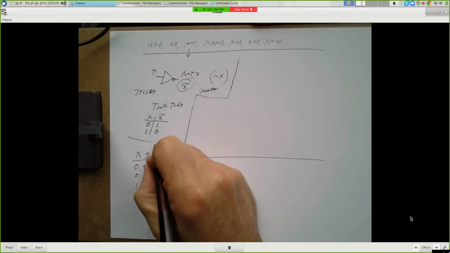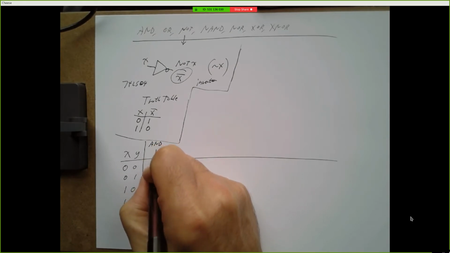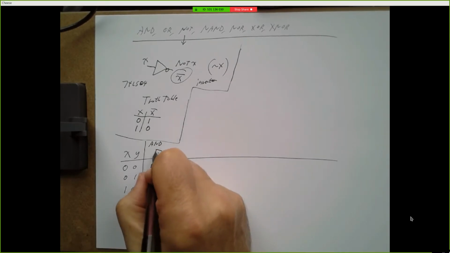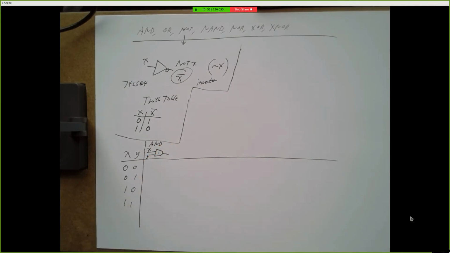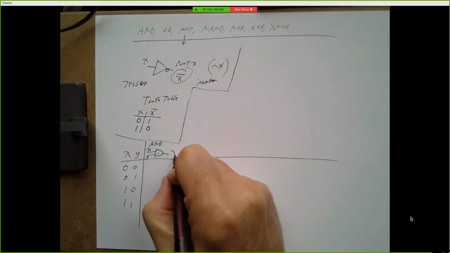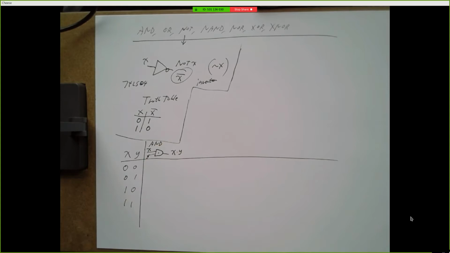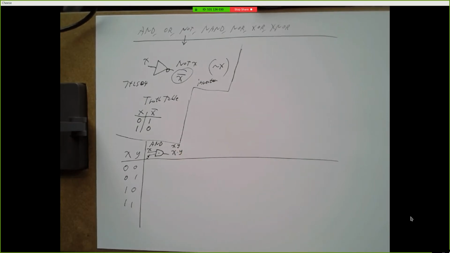Okay, so let's make a column for AND. And our AND gate looks like this. I usually put a little dot inside my AND gates to indicate this is an AND, and we'll see why when we get to an OR. So it takes 2 inputs, x and y, and the output is just x dot y. Sometimes, if it's clear, we leave off the dot and just write xy.